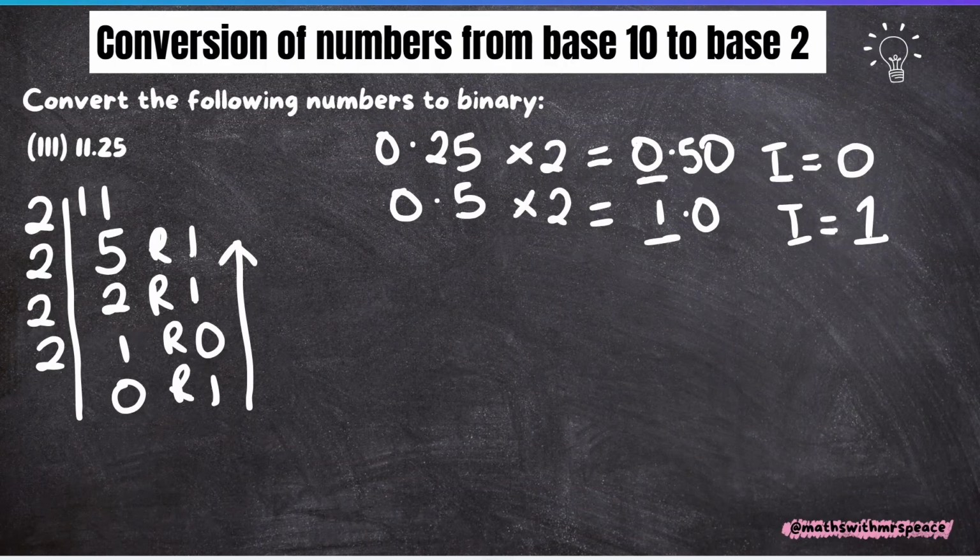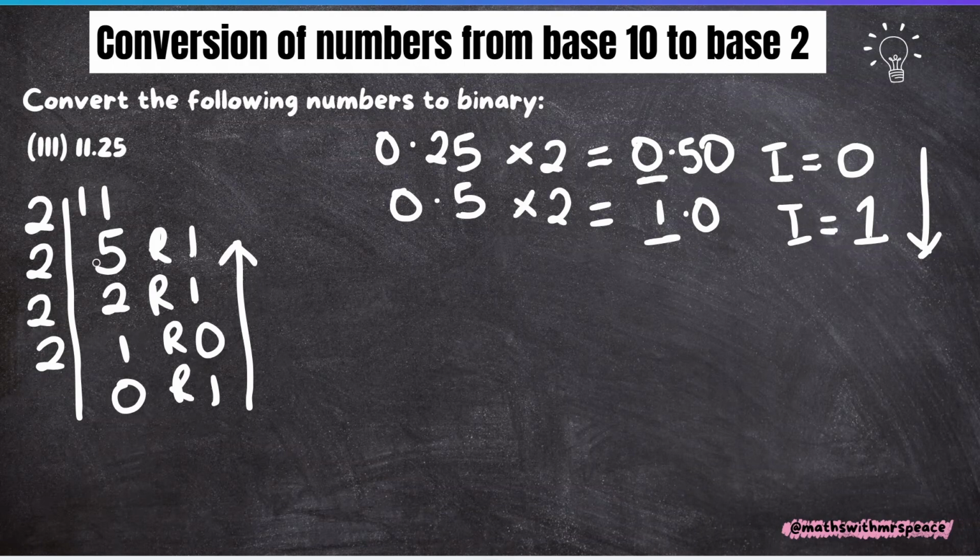Now look at the contrast here. For the whole number part, you're doing repeated division. For the fractional part, you're doing repeated multiplication. Also, for the whole number part, you write out the remainders from down to up. But for the fractional part, you're writing out the integers, the whole part, and you write that from up to down in this direction. So those are 3 things that you should bear in mind.